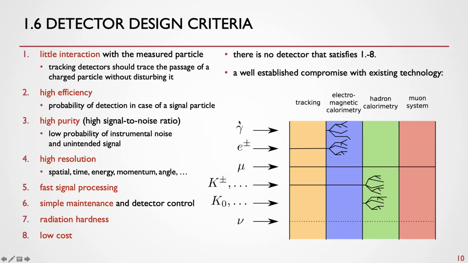So maybe we briefly repeat, because the interactions of photons, electrons, muons, and the other particles is what we're going to discuss now. A photon is not charged. It therefore does not leave an ionization signal. It passes through tracking detectors and leaves a shower in the electromagnetic calorimetry.